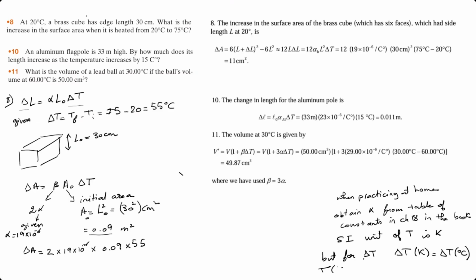Because T in Kelvin is actually T in degrees Celsius plus 273.15. So if you're studying delta T, you're subtracting 273 twice, and then it doesn't really show up in delta T, so there's no conversion at all between delta T in Kelvin and delta T in degrees Celsius.